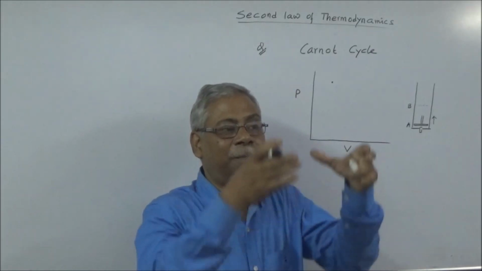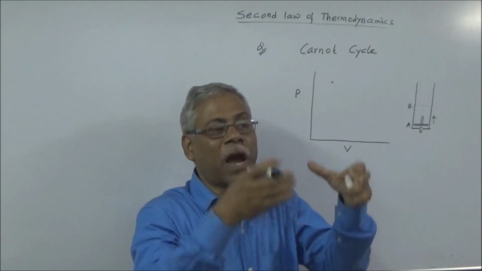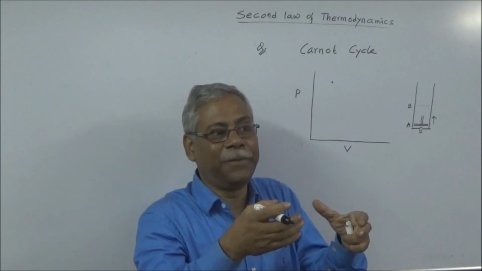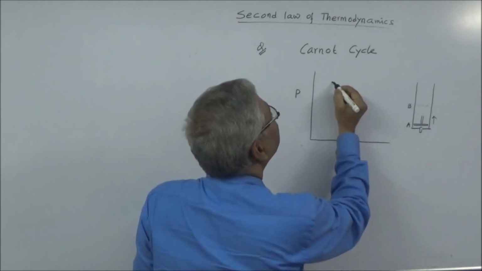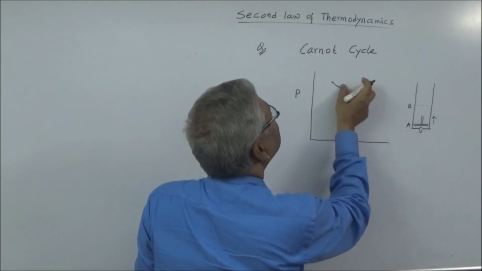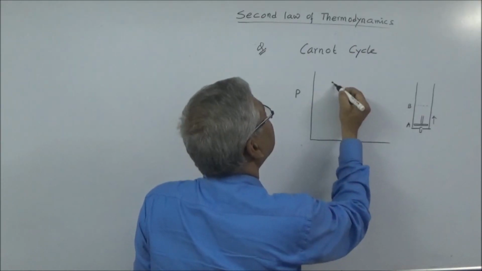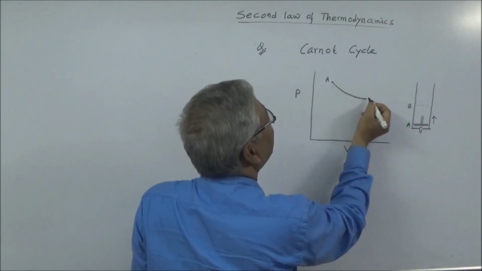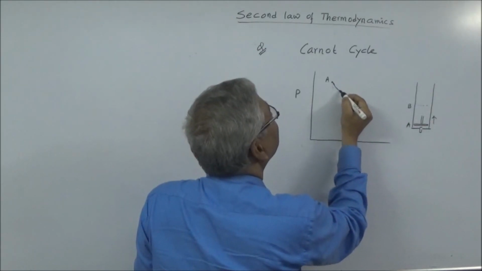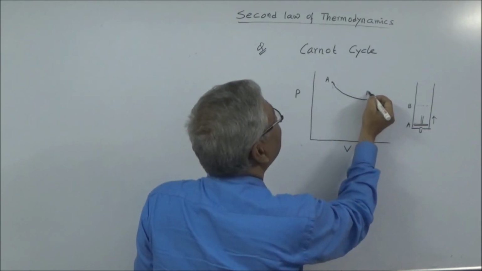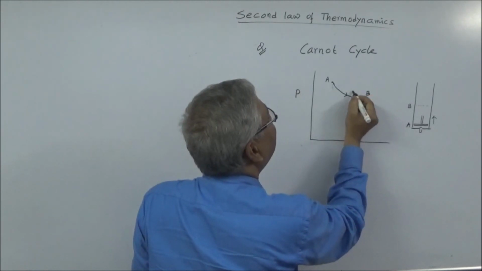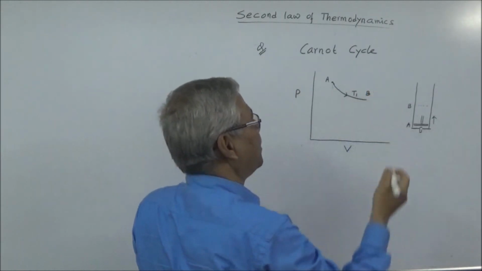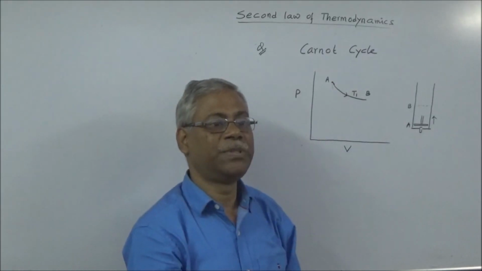And the piston and cylinder should be highly conducting. So from A to B at temperature T1.